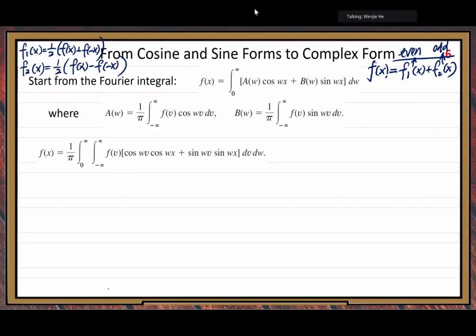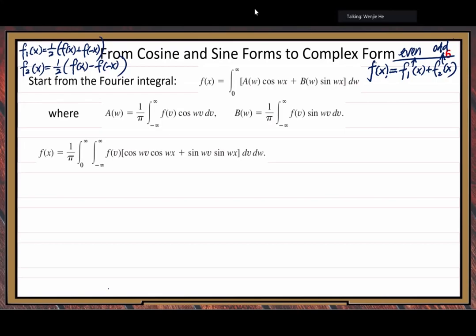So now, plug in. We copy the A function integral expression and the B function integral expression back into the function representation formula.